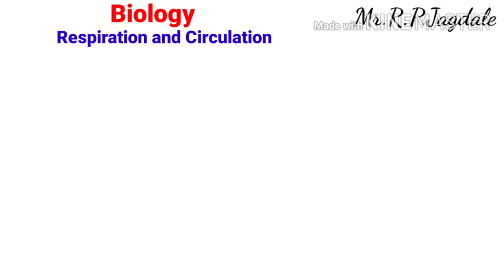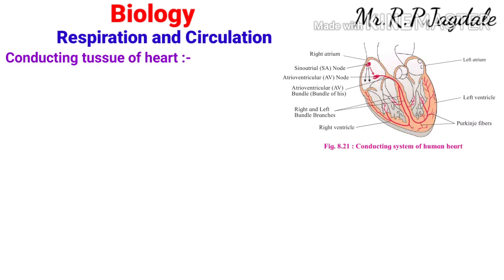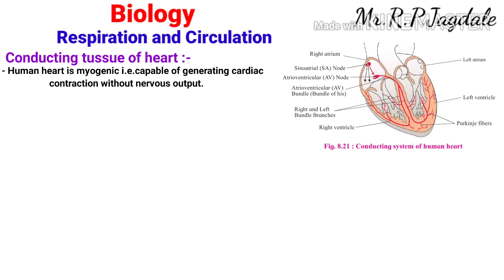Then coming to the conducting tissue of the heart. Okay, the human heart is myogenic. Why is it called myogenic? Because it is capable of generating cardiac contraction without any nervous input. That means it has the power of self-generating cardiac contraction.